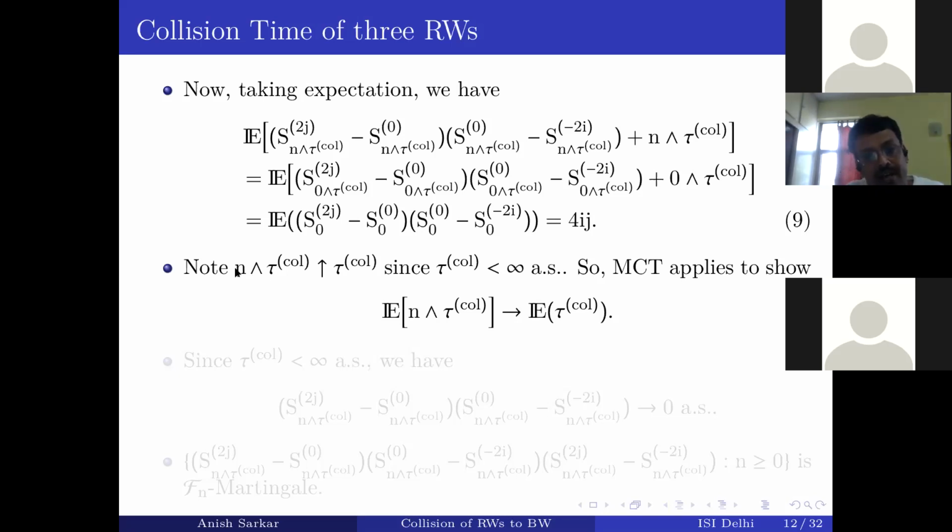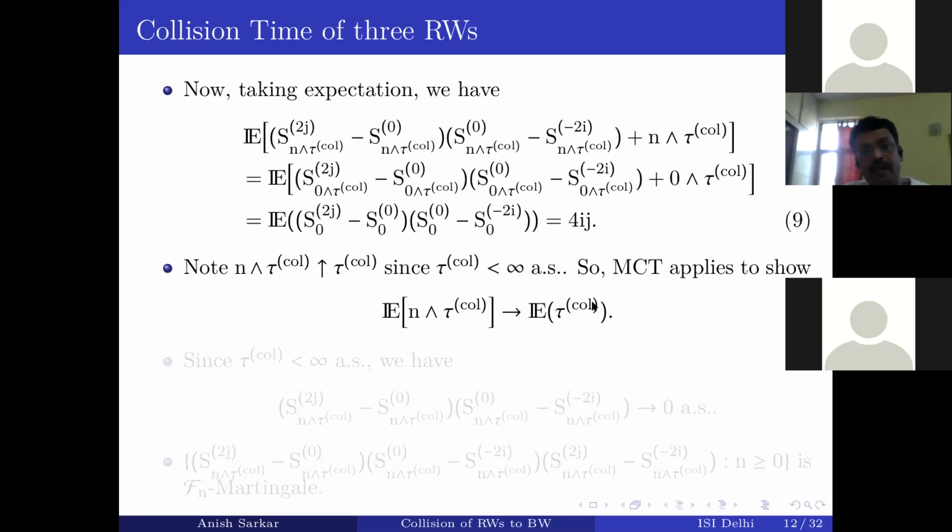So for every n, after some time where this value is achieved, some value tau omega, after that, n minimum tau is equal to tau. And as you see, this is increasing and increases to tau collision.